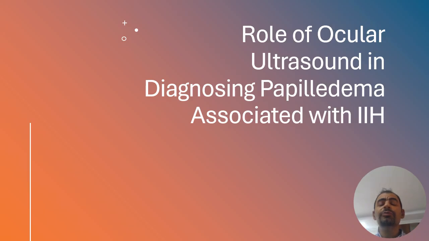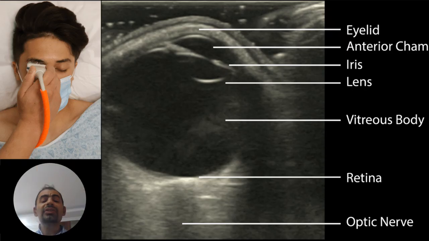Now let's move to some ophthalmological inputs that can be done for patients with papilledema due to IIH. I'll talk in the next few slides about the role of ocular ultrasound in diagnosing and monitoring papilledema associated with IIH. Ultrasound is used frequently in modern ophthalmology practice.